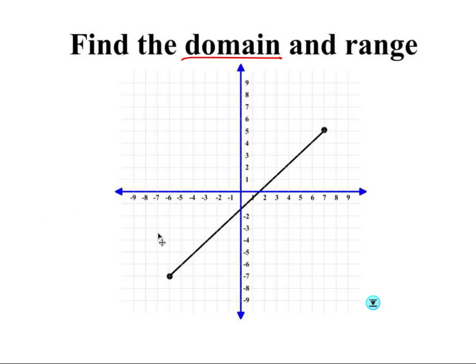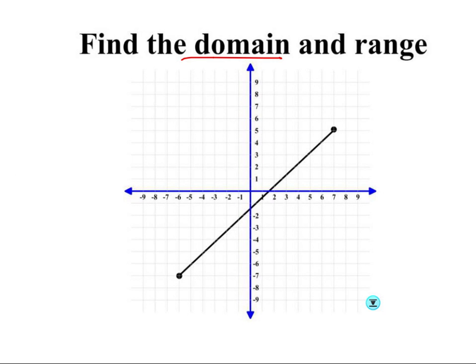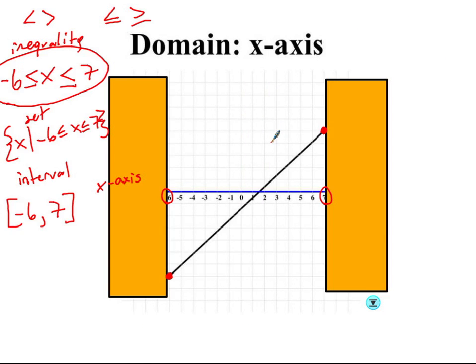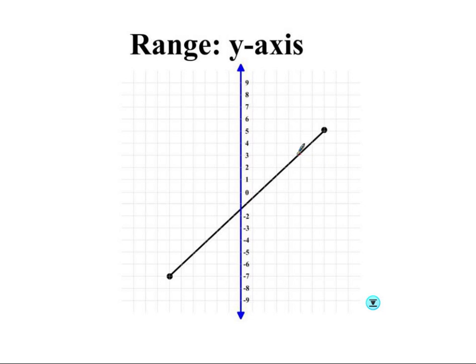Okay, now notice we have to find not just the domain, but we also have to find the range. So for the domain we have to look at the x-axis. For the range we actually look at the y-axis.